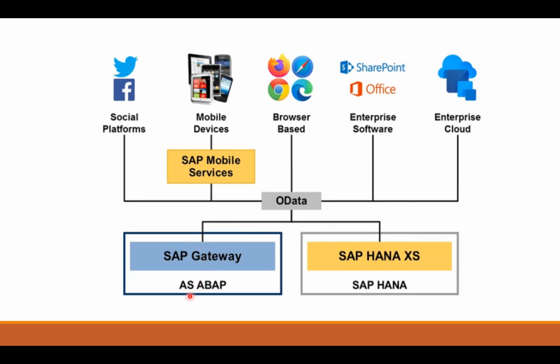So we are developing an OData project in our backend server, and we are just registering the OData service in SAP Gateway, which in our case is an embedded scenario, and from there it is communicating with its clients.